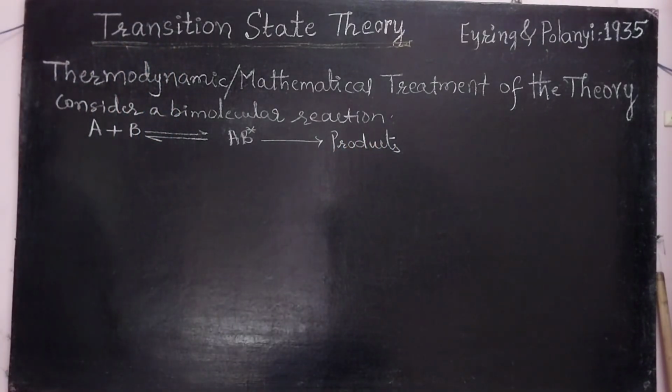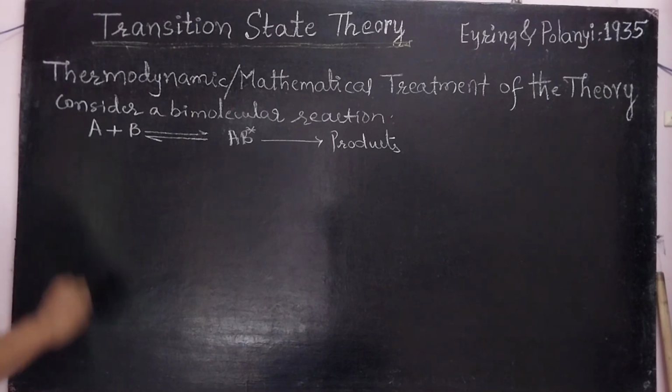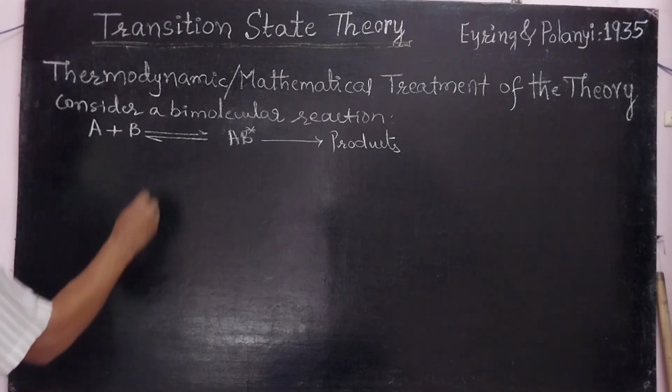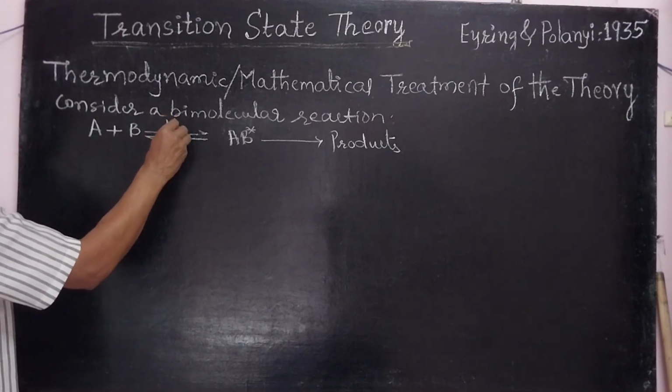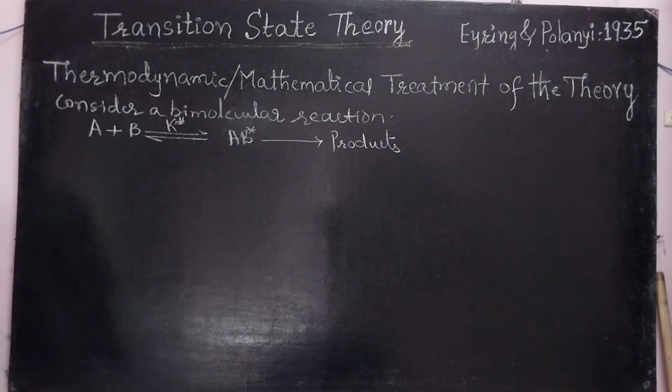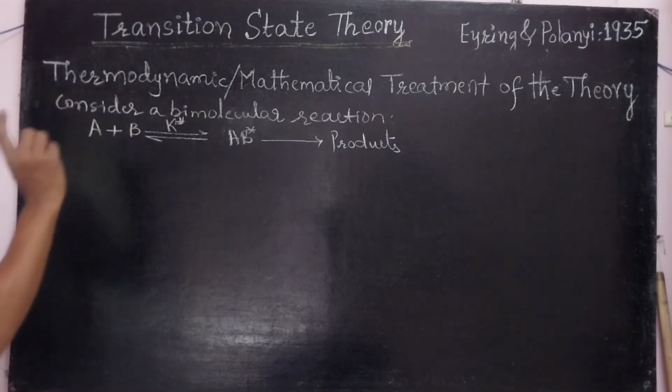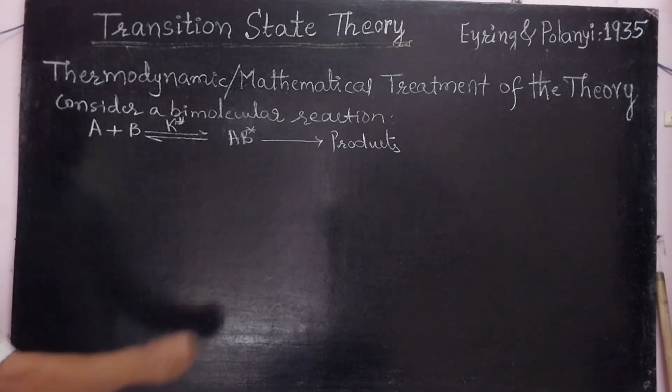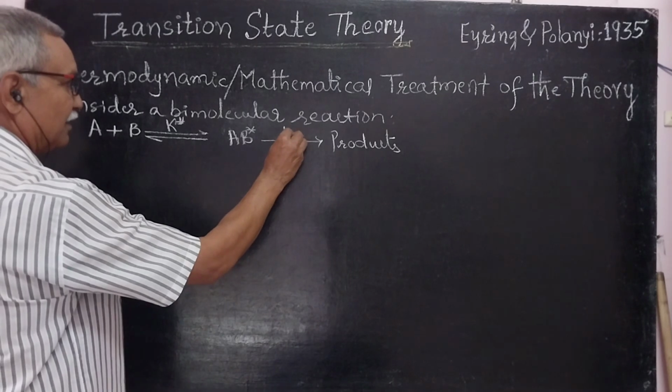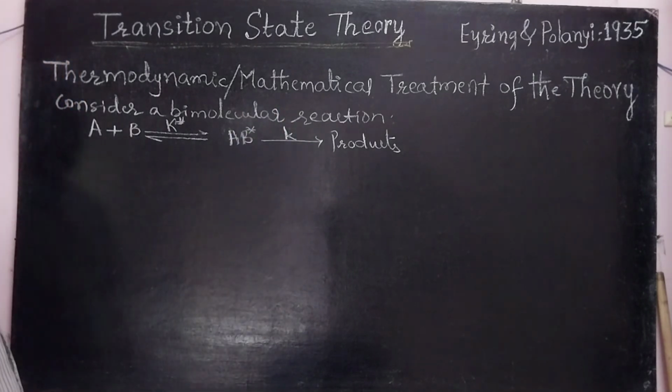This is a bimolecular reaction, and according to the postulates, there exists one equilibrium constant K star between reactants and intermediate complex, and K is the rate constant of the reaction.